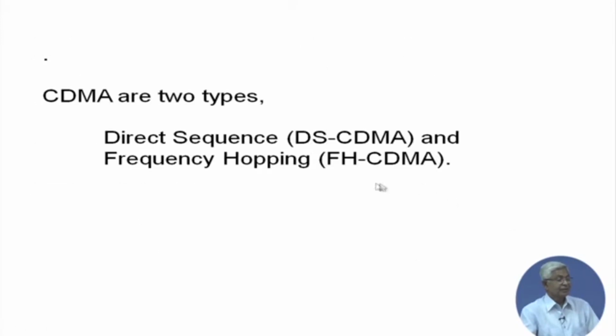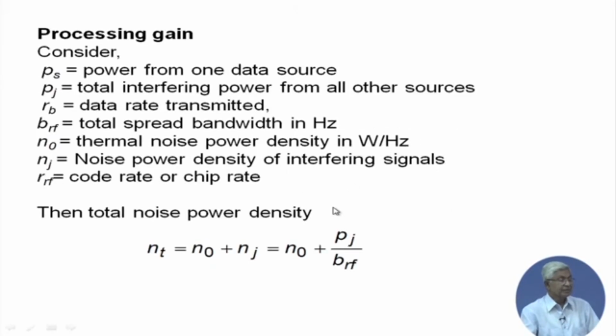Now, CDMA are of 2 types. One is called direct sequence CDMA, another is called frequency hopping CDMA. Let us not go into the detail of direct sequence and frequency hopping CDMA. In case of frequency hopping, based on the code sequence, you correspondingly map it into different frequencies.